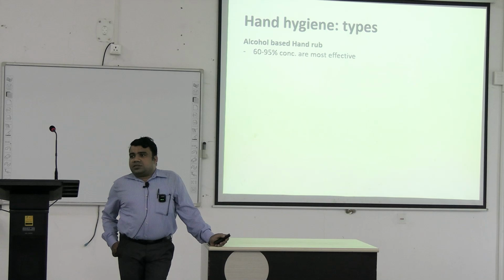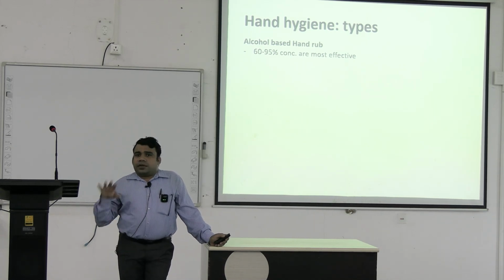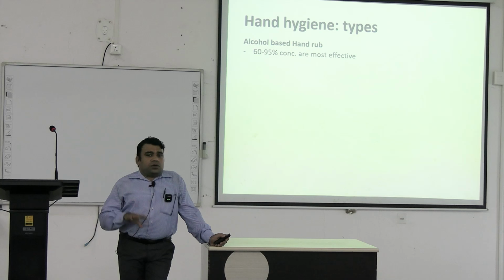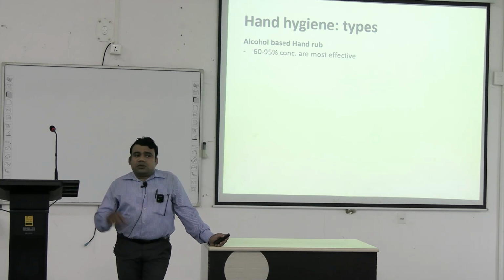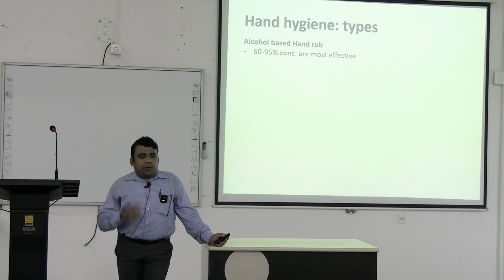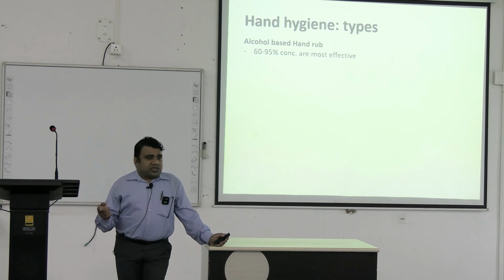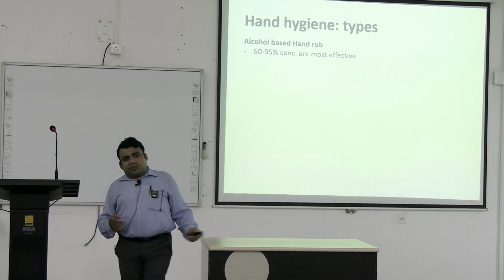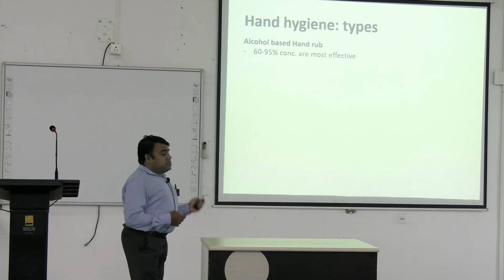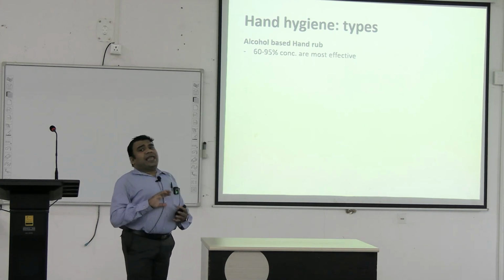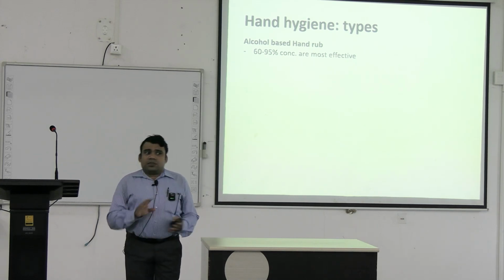Furthermore, hand washing takes a lot of time. Suppose you are attending patients in the ward, and you have examined one patient. Again, you need to go to the basin, wash your hands, dry them, come back, and only then can you move on to the next patient. So it becomes very tedious. An easier alternative is to use alcohol-based hand rub in the meantime.